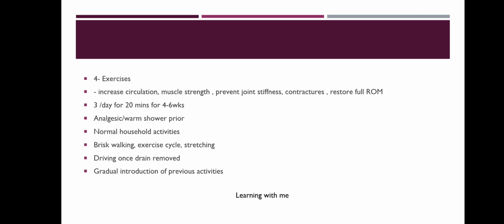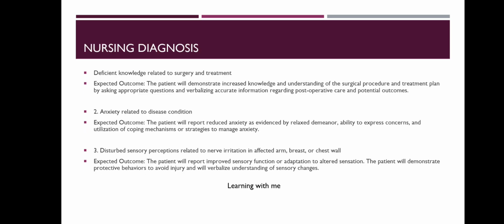Then exercise increases circular muscle strength, prevents joint stiffness and contractures, and restores full range of motion. 3 days a week for 20 minutes for 4 to 6 weeks. Take an analgesic and a warm shower prior. Normal household activity, brisk walking, exercise, cycling, stretching, and driving once the drain is removed, with gradual introduction of previous activity.